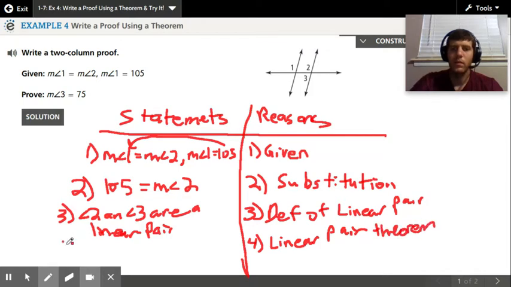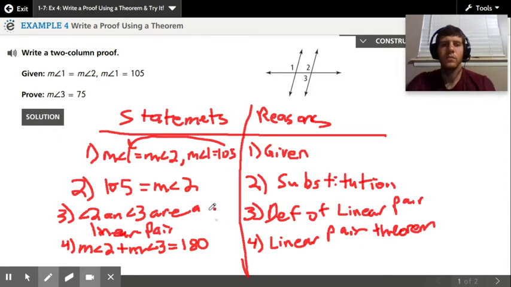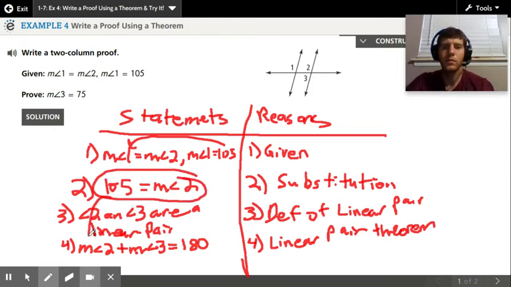To say that the measure of angle 2 plus the measure of angle 3 is going to equal 180. And then now we can substitute in, right? We know the measure of angle 2 is 105, so we can substitute in.